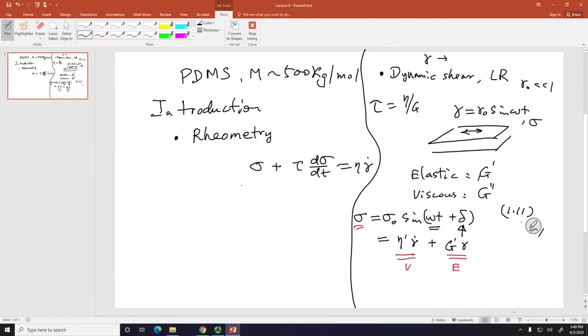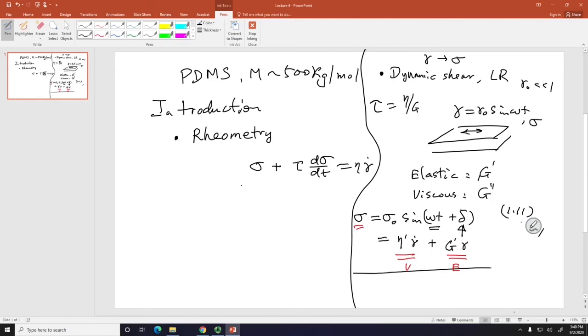In order to apply this deformation, I must exert enough stress that goes with it. In other words, when I produce deformation, my material will resist this deformation in the form of a resisting force, which is stress. And we're saying they are linearly related. So this expression here is independent of any model.